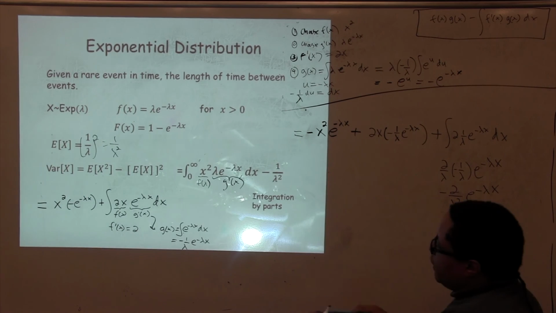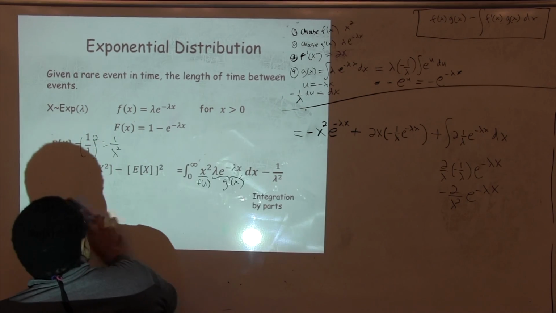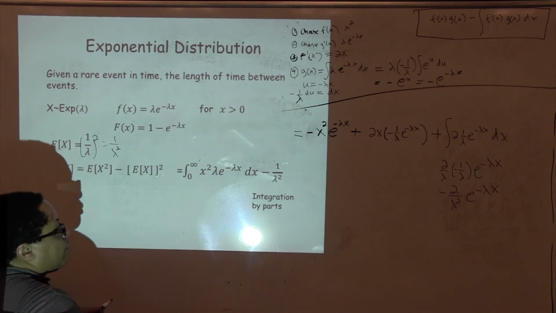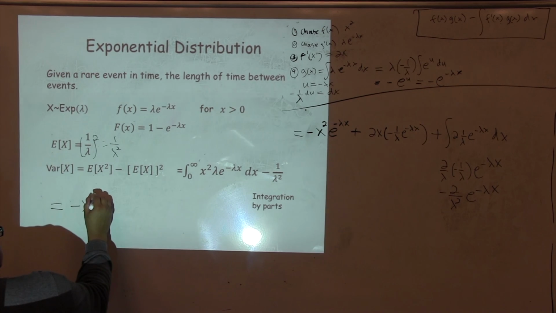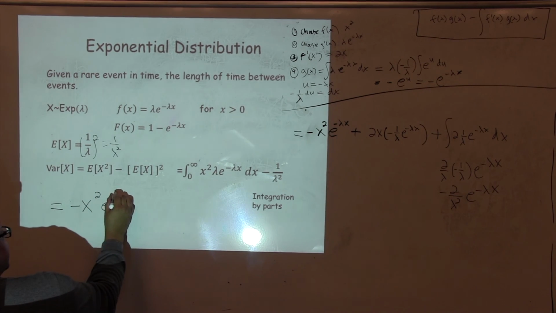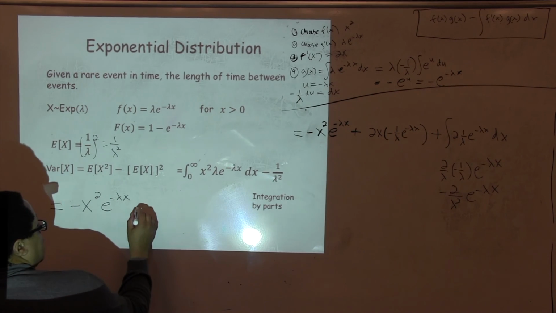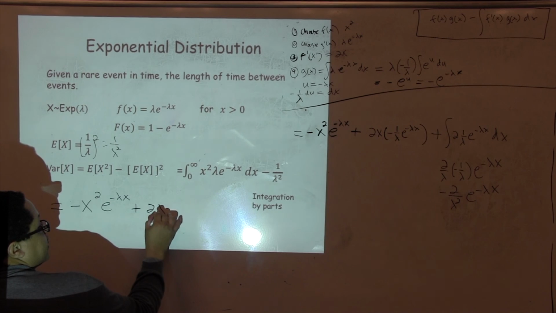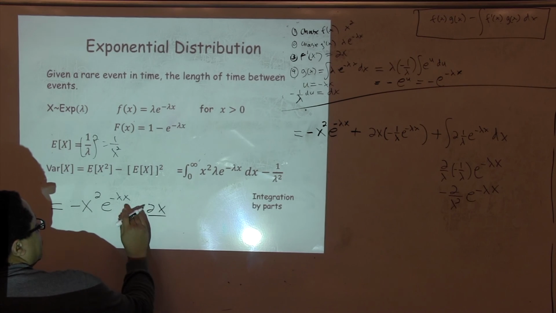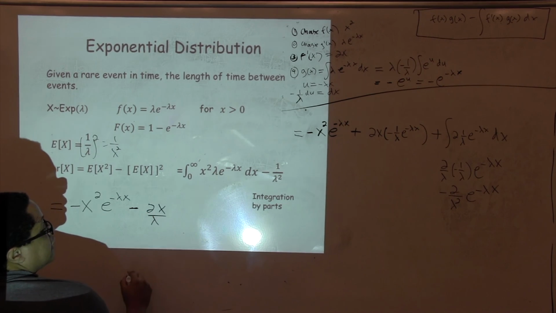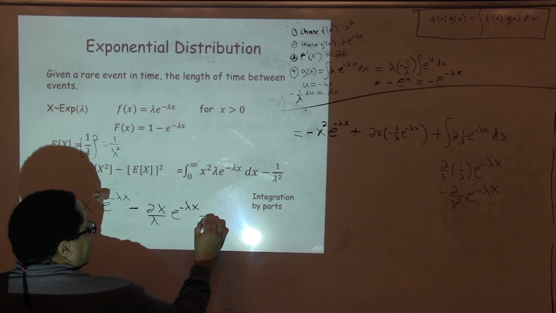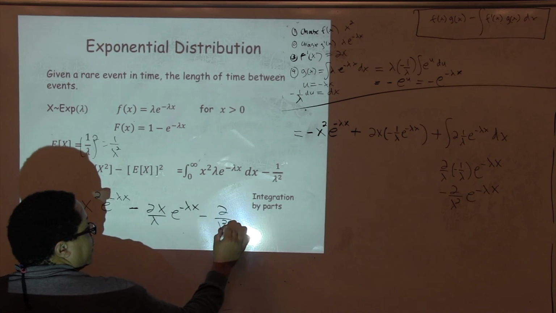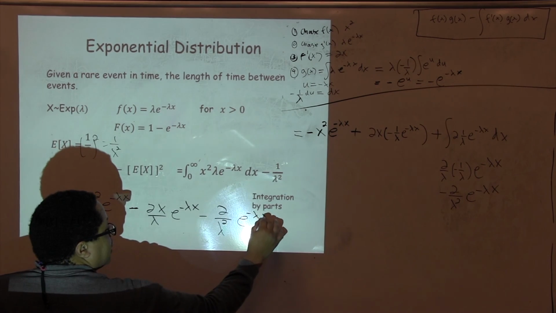We have the resulting expression: minus x squared e to the minus lambda x, minus 2x over lambda e to the minus lambda x, and then I have that last term, minus 2 over lambda squared e to the minus lambda x.